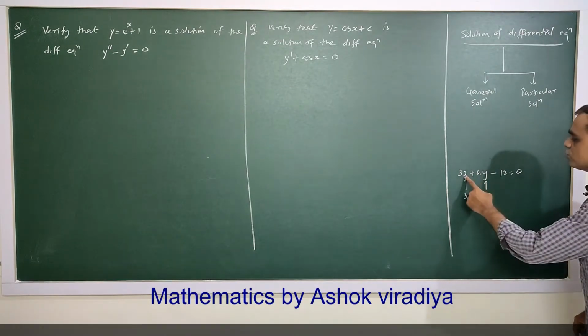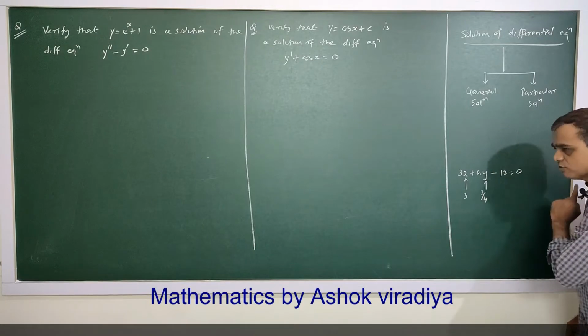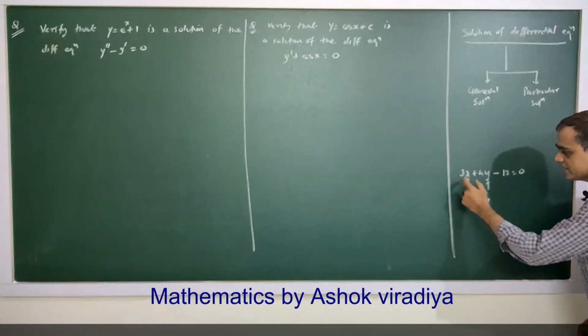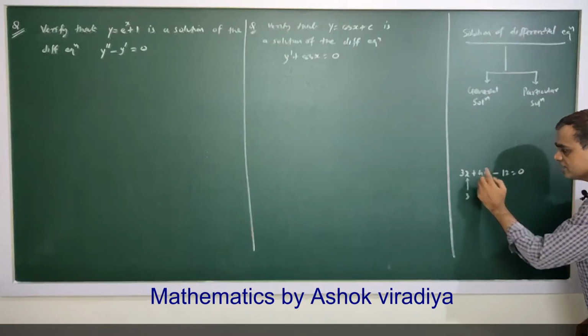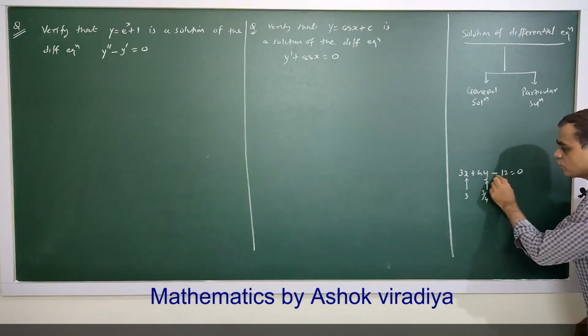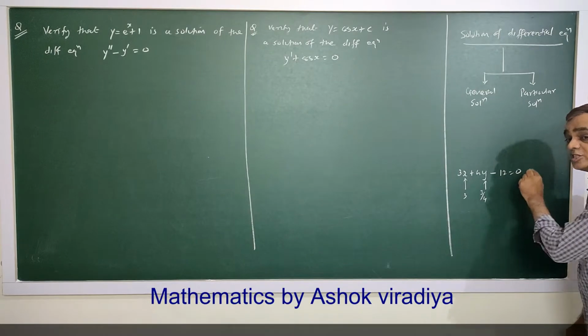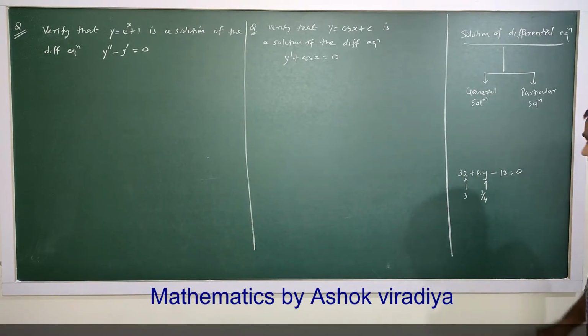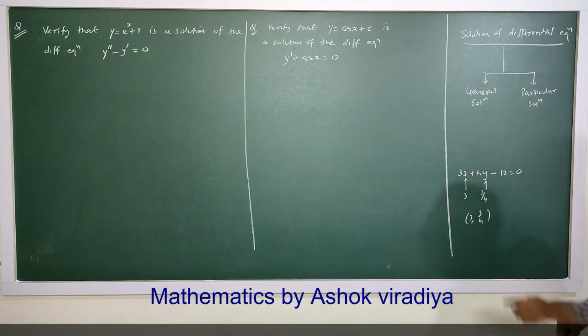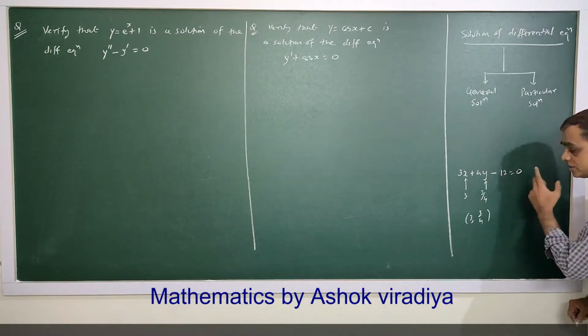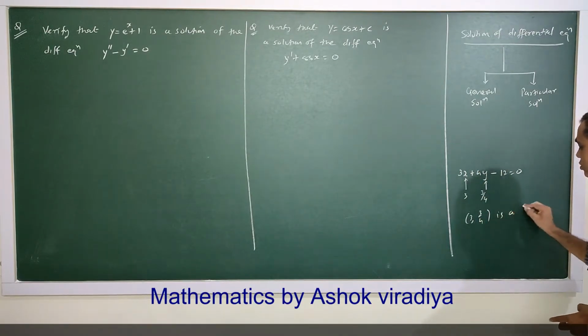So putting x equal to 3, y equal to 3 by 4, 3 into 3 is 9, 4 into 3 by 4 is 3, 9 plus 3 is 12, 12 minus 12 is 0. So here 3 by 4 satisfies this equation, so this is a solution.